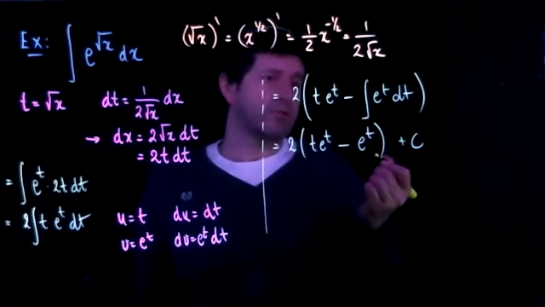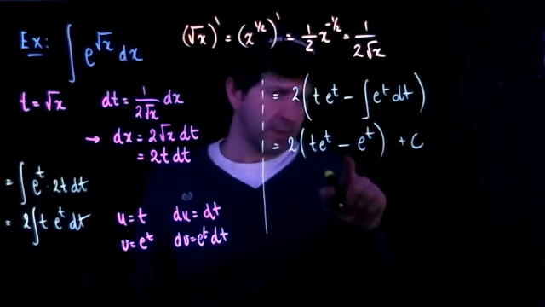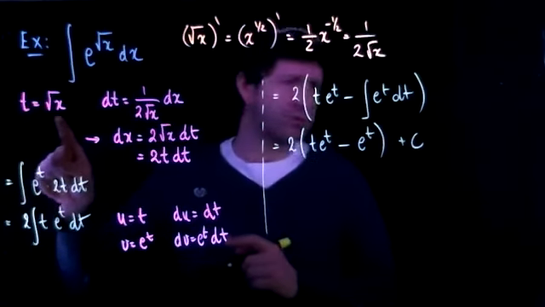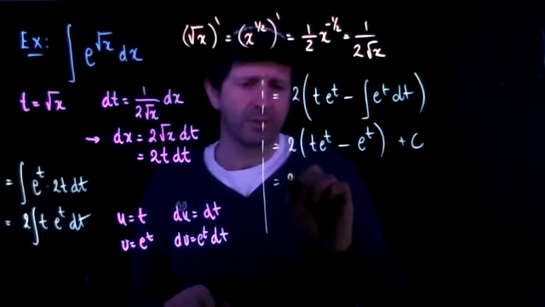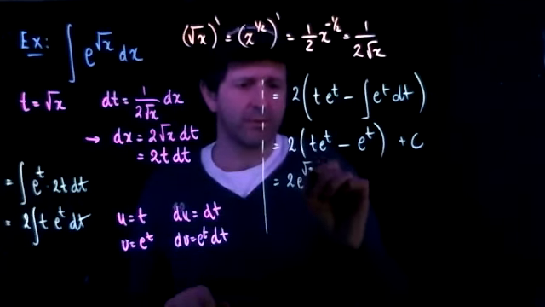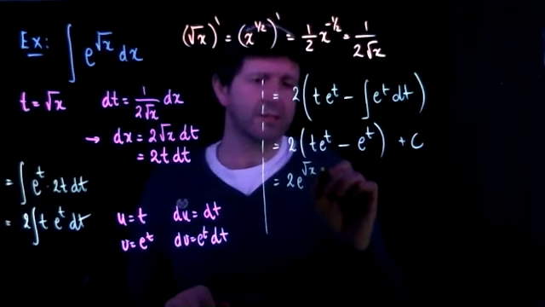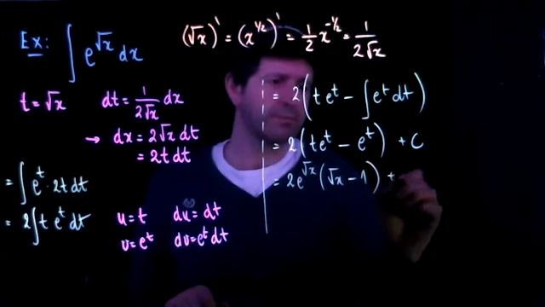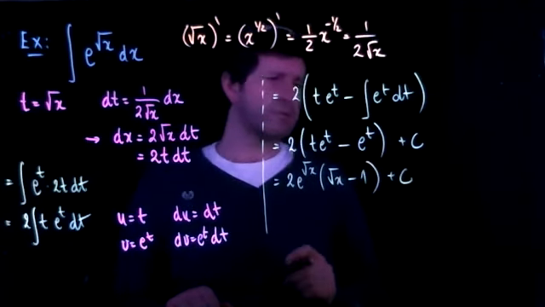And then the last thing to do is what? I replace the t back by its value of square root of x. So 2, I'm going to pull out an e to the t, so e to the root x times t minus 1 plus c. And that's my answer.